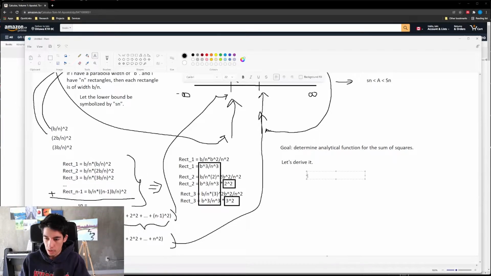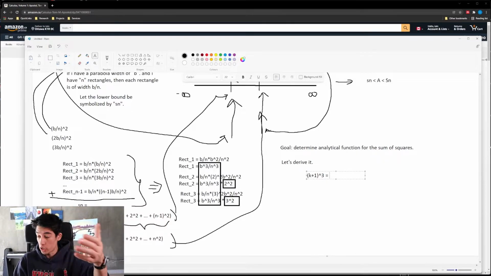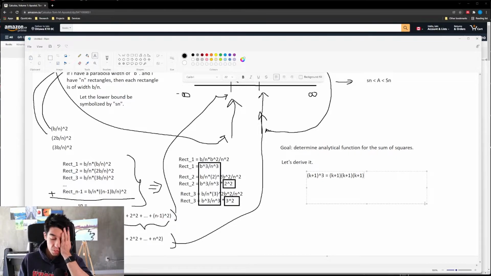We will begin the derivation by starting off with this formula of a cubic power, or of the cube of some variable plus 1. So here is the initial formula I have, and what we'll find is that if we rework this, we can express the sum of squares.